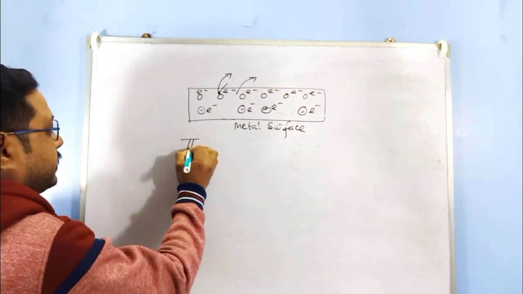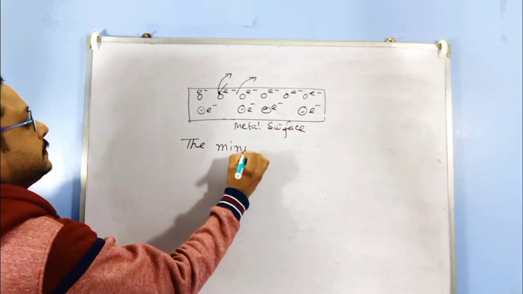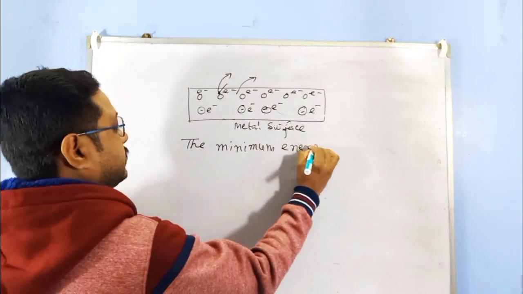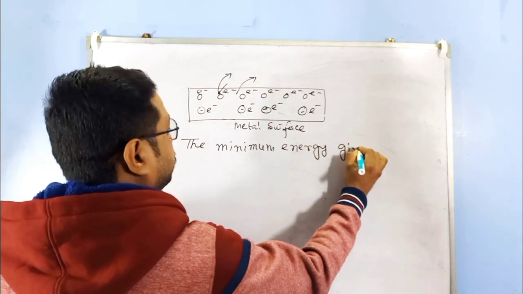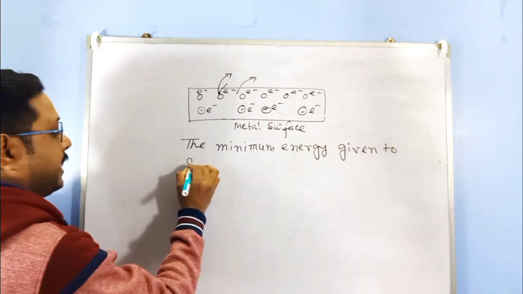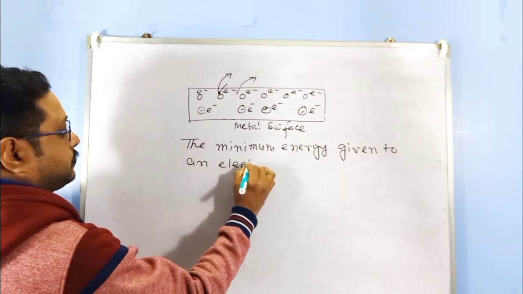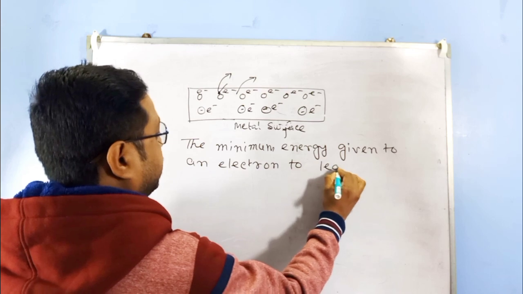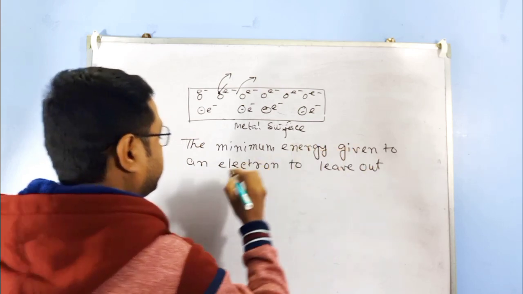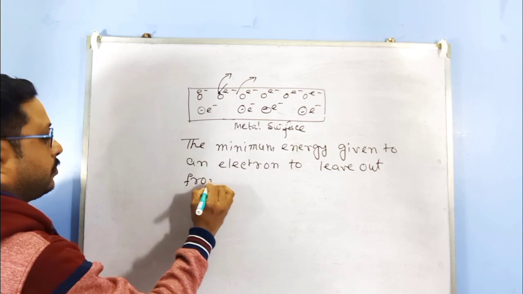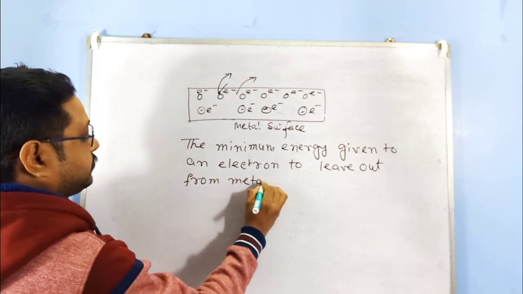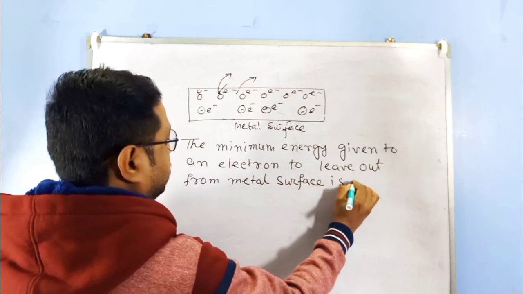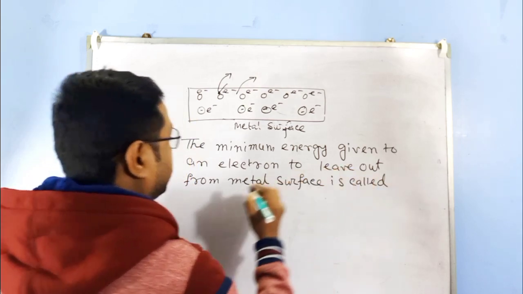So, the minimum additional energy, or simply energy, given to an electron to leave or come out from the metal surface is called work function.